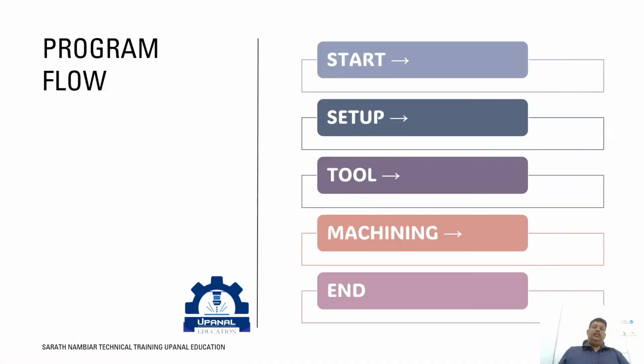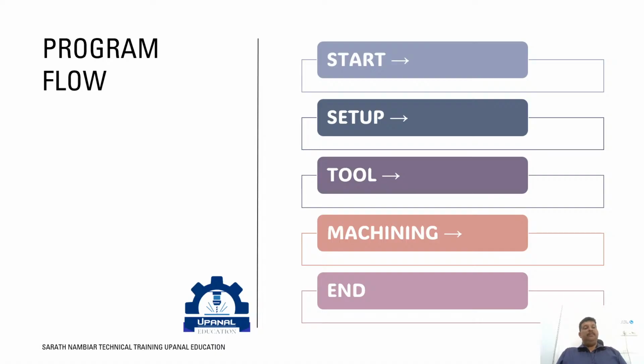Here is the most important concept of today's session. Every CNC program follows a flow. Whether it is a simple program or a complex program, a small program or a long program, the flow remains the same. First, the program starts.